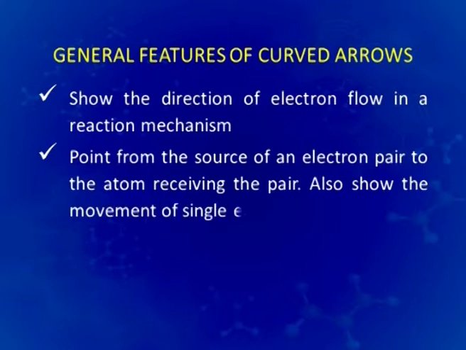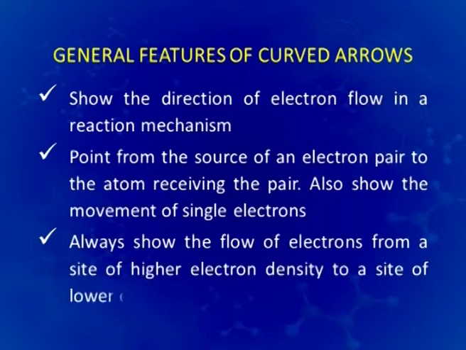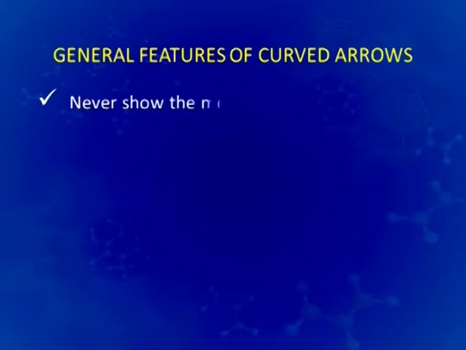Also, they show the movement of single electrons, wherein we saw the use of half curved arrow. And these generally show the flow of electrons from a site of higher electron density to a site of lower electron density. But they never show the movement of atoms.